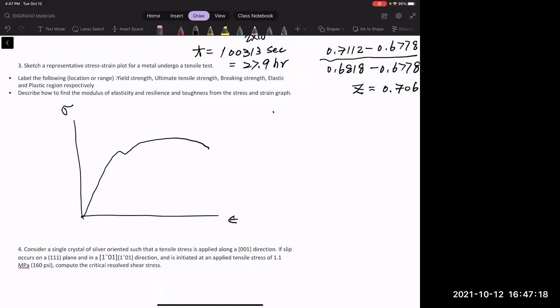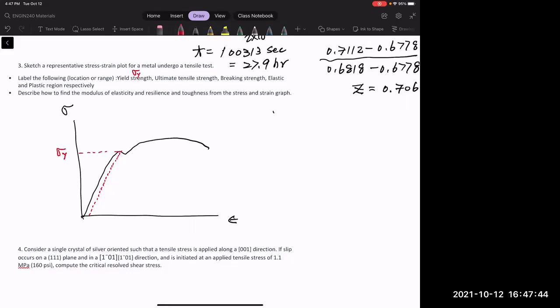The yield stress normally is the stress at which you start to have plastic deformation. So what we normally do is we will do a 0.2% offset yield stress. So this one is our yielding stress. This is a yielding stress.